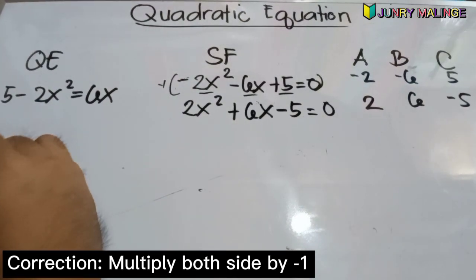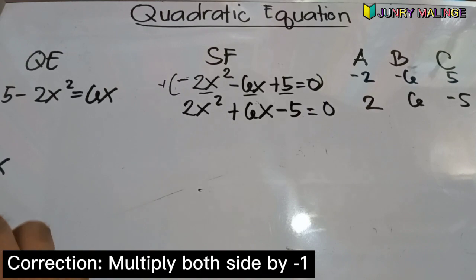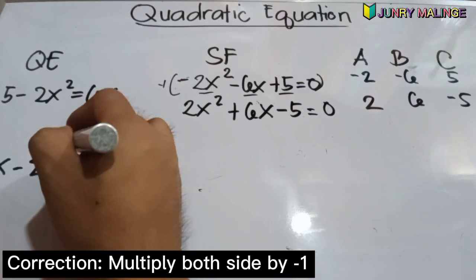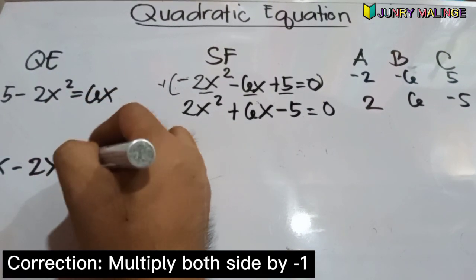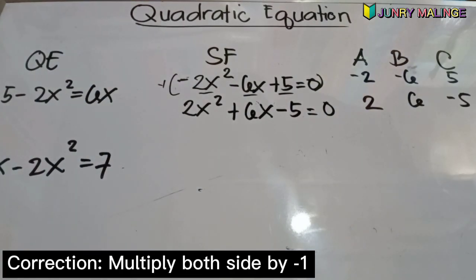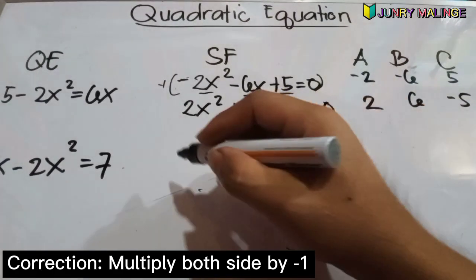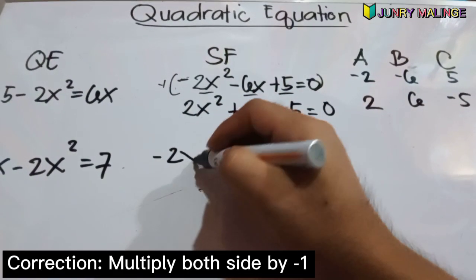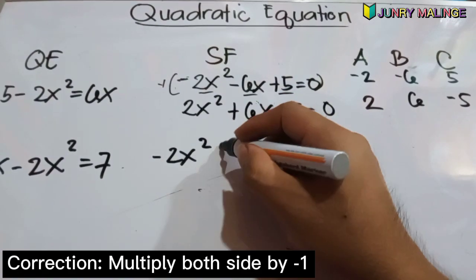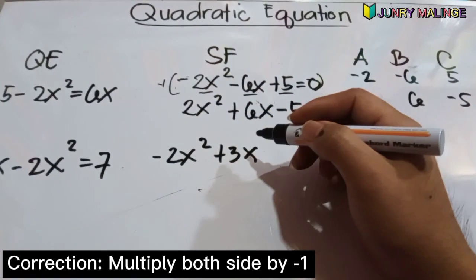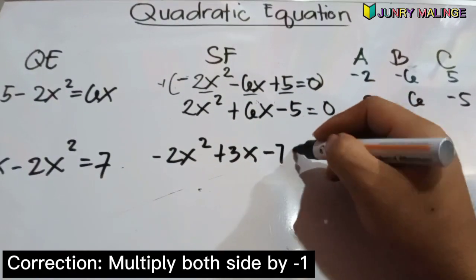Okay, example number 2. 3x minus 2x squared equal 7. Paano natin ito makukuha in standard form? This is our quadratic equation. We have negative 2x squared plus 3x, transpose magiging negative 7 equal 0.